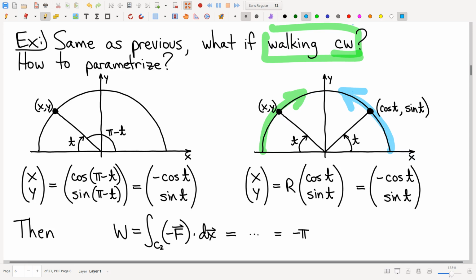And I can see a pretty clear relationship between these two parameterizations. This green curve and this blue curve are reflections over the y-axis of each other. And so if I want to know how to parameterize the green curve, I'm going to note that it is literally the reflection of the blue curve, which of course is super easy.